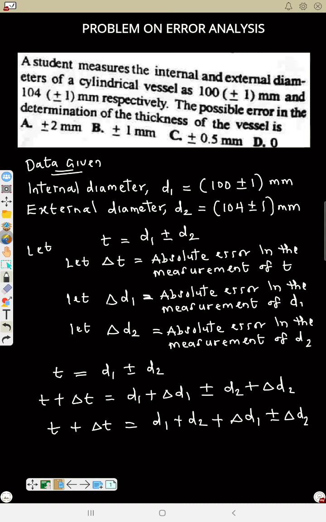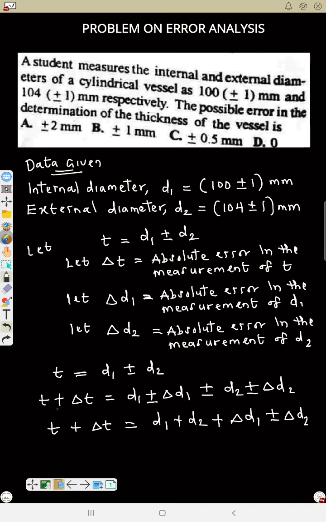But what is D1 plus or minus D2 in the question? So what is D1 plus D2? You should notice that I have to add plus or minus, that is D1 plus or minus delta D1, also D2 plus or minus delta D2.